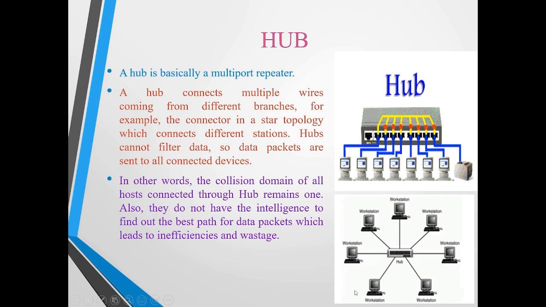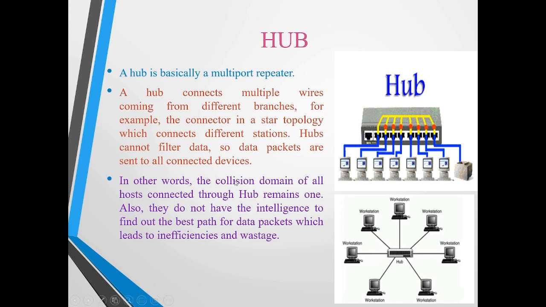Number of workstations and devices are connected with each other. But the main problem in the case of a hub is that it is a non-intelligent device, and the data packets or files which you are sending would be sent within the complete network.